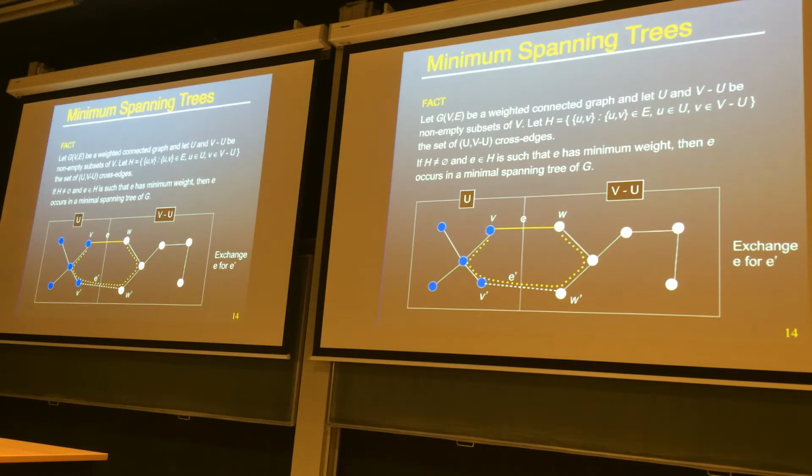So, in general, you should learn a lesson that if you have formed partial spanning trees for U and partial spanning trees for V minus U, and you would like to form a total minimum spanning tree that includes nodes in V minus U and nodes in U, then the only thing you have to look for is the crossing edges between these blocks and taking the minimum from them.